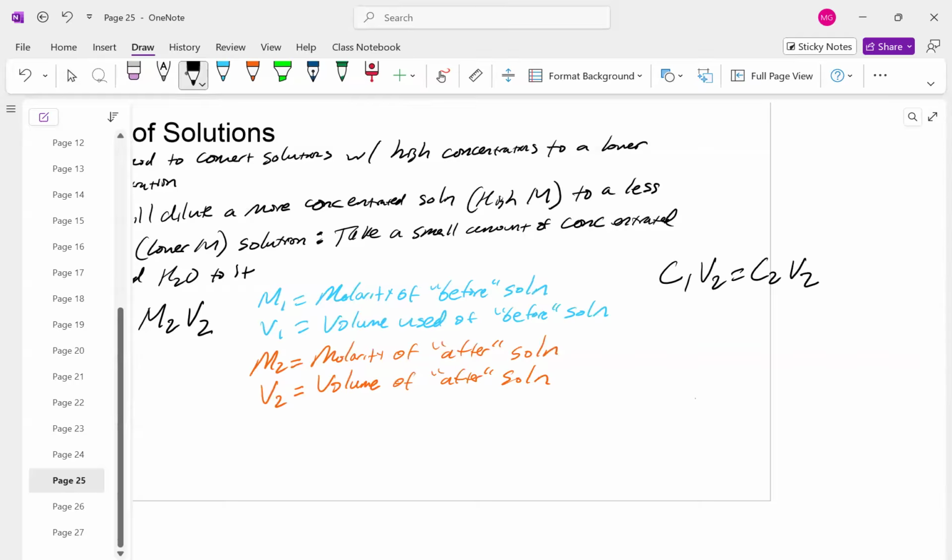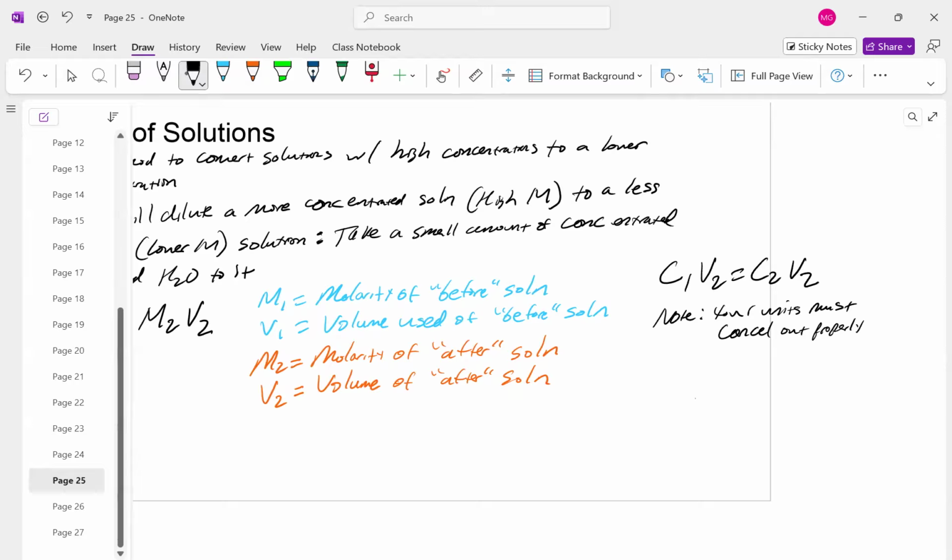Here's the catch, okay? Your units must cancel out properly. So I can't have units of milliliters on one side and units of liters on the other side. I can't have one form of concentration like molarity on one side and then percent volume on the other side.